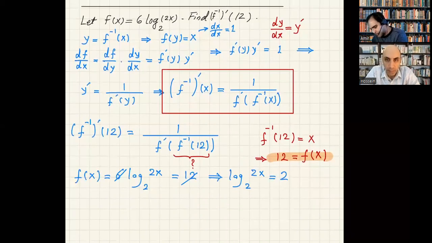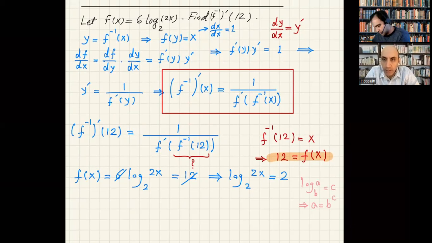And based on the definition of a logarithm, log of a on base b equals c, so a is b to the power of c.